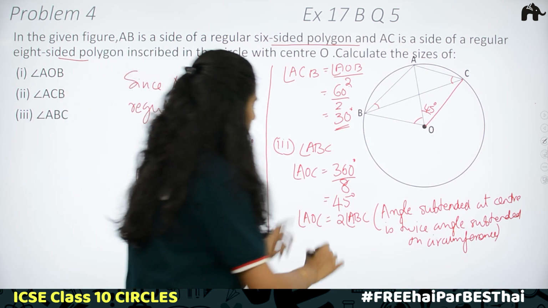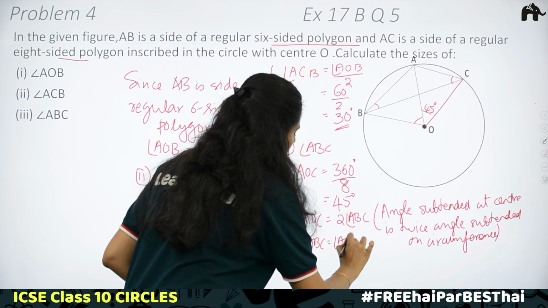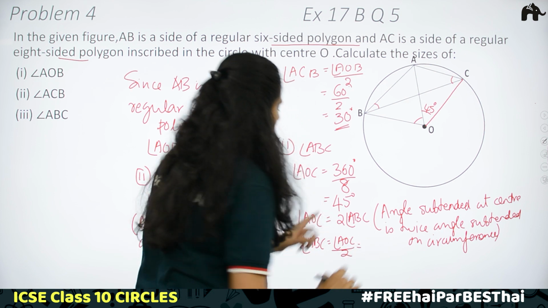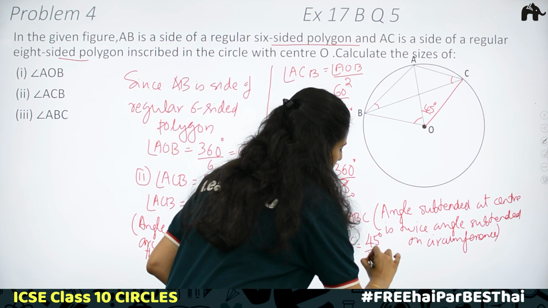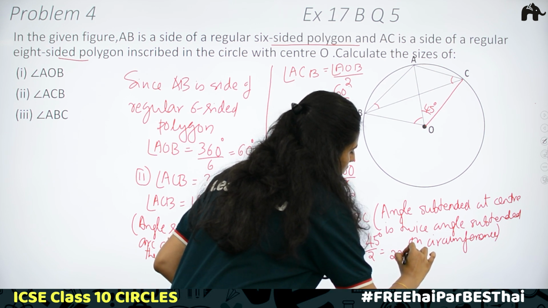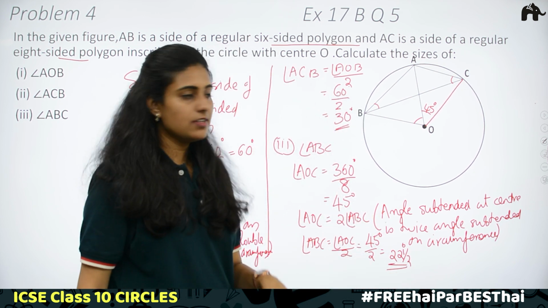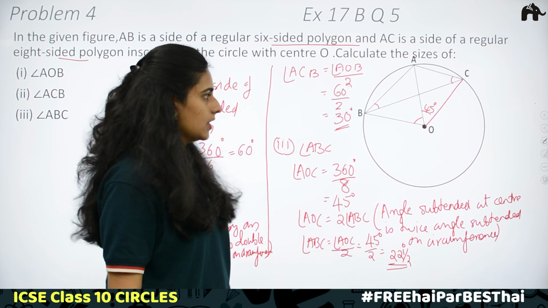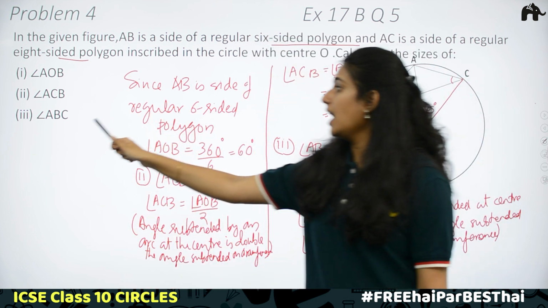Now, we will put the value. Angle ABC will be angle AOC divided by 2. AOC is equal to 45 degrees. 45 degrees divided by 2 is just equal to 22.5 degrees. Clear? So, we have determined all the 3 angles AOB, ACB and ABC.